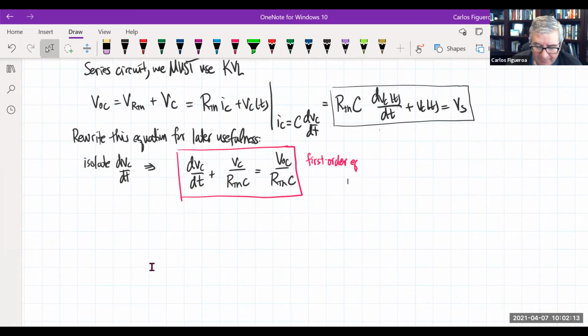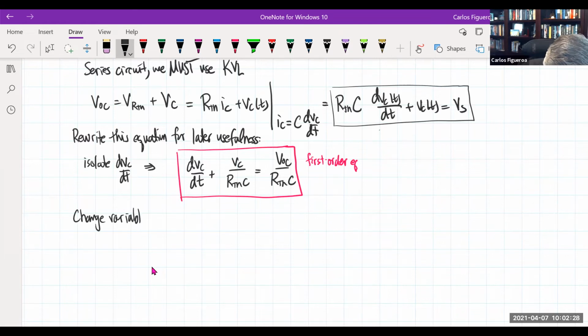So what I want to do here is that I want to make a change in variables so that it's easier to translate. So what we're going to do here is that we're going to change variables for easier use later.